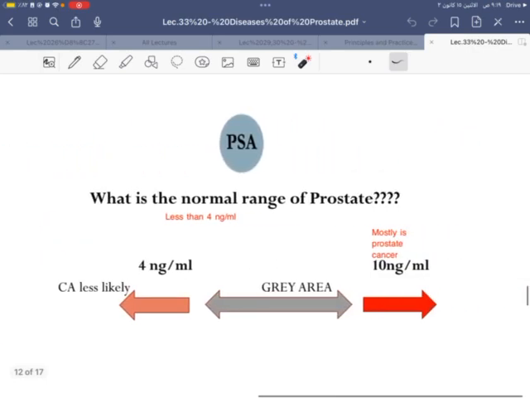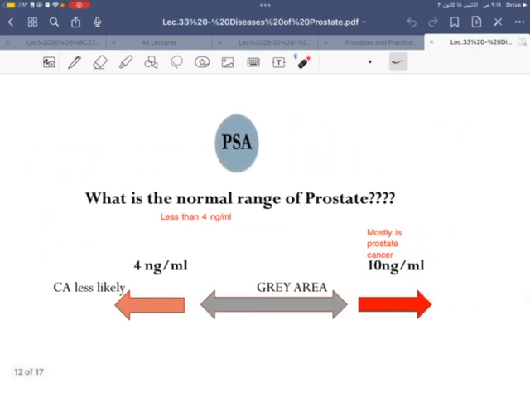Less than 4 nanogram per ml is a normal PSA. More than 4 is considered high. We have something called the gray zone or gray area from 4 to 10. More than 10, the probability of prostate cancer is higher and higher.